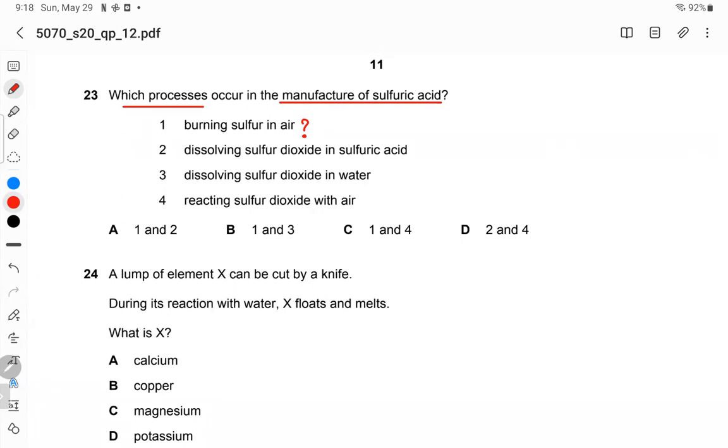Yes, sir. Yes, it is correct. Dissolving of sulfur dioxide in sulfuric acid, does this happen? No, sir. No, it does not happen.